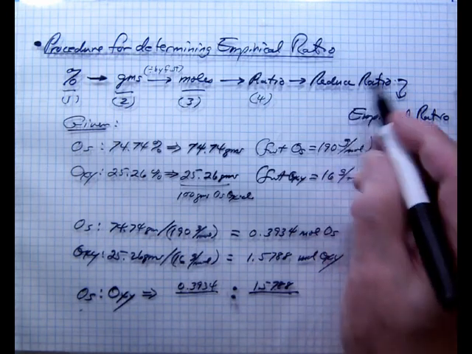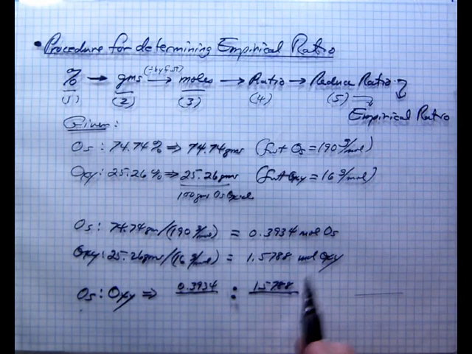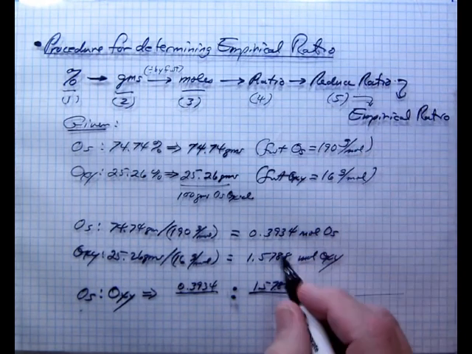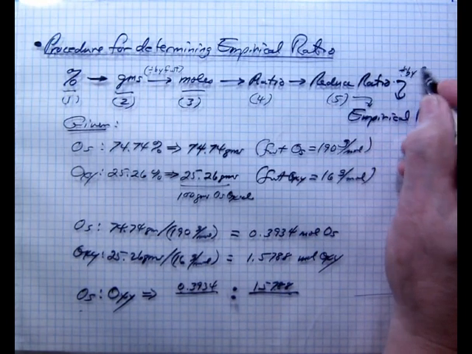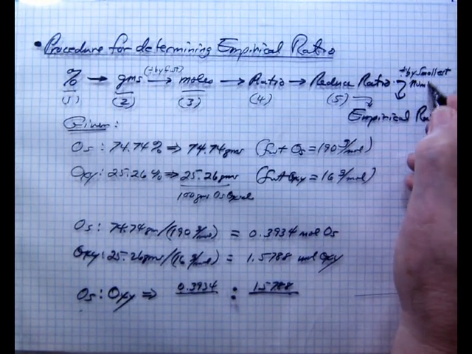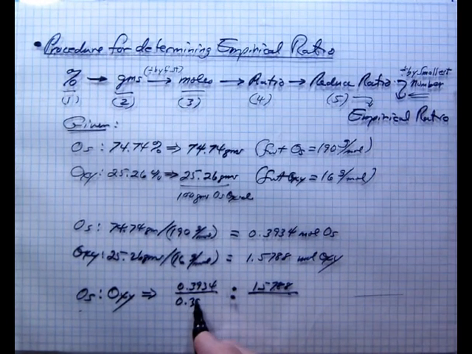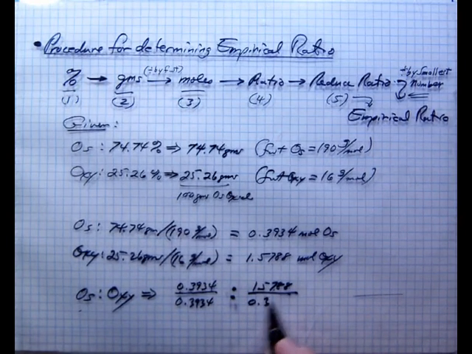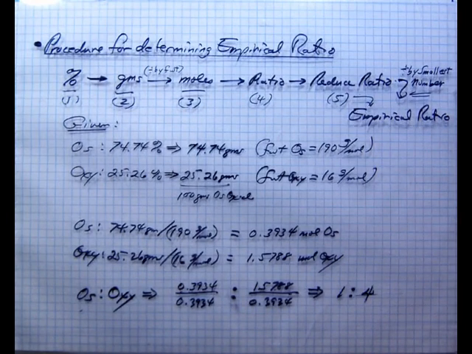To get the reduced ratio, and then finally your empirical ratio, divide by the smallest of the two numbers, or the set of numbers. So the smallest is 0.3934. Divide both by 0.3934, and this gives us a 1:4 ratio.